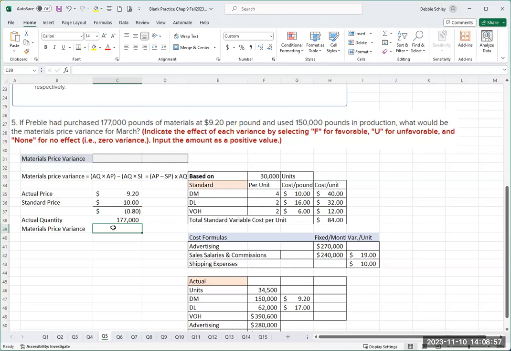And so then our materials price variance would be the 80 cents times the actual quantity of 177,000 for 141,600. But for some reason, this one's saying favorable.